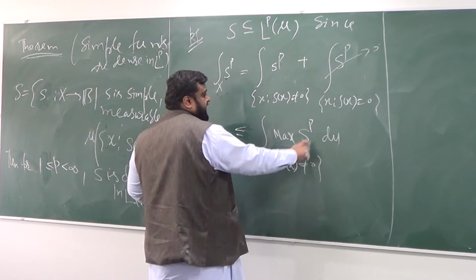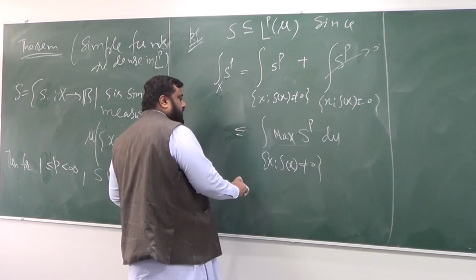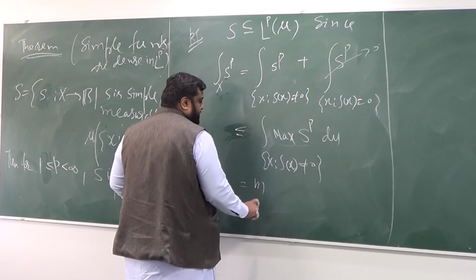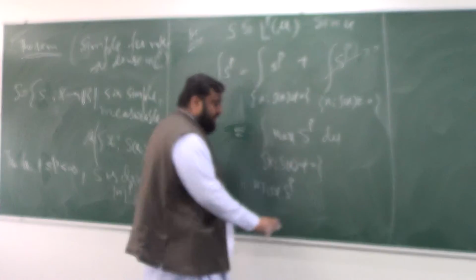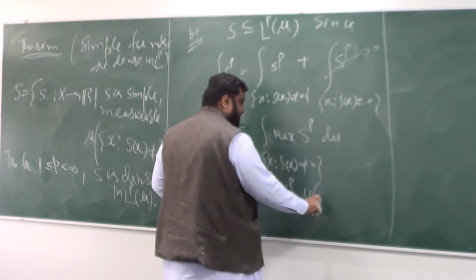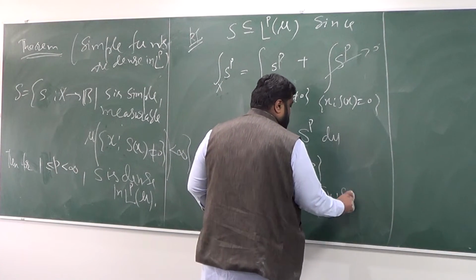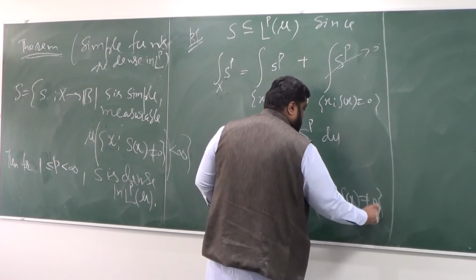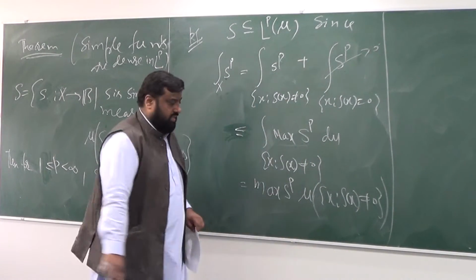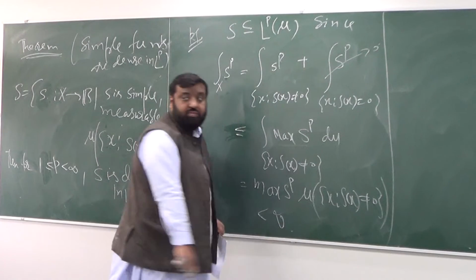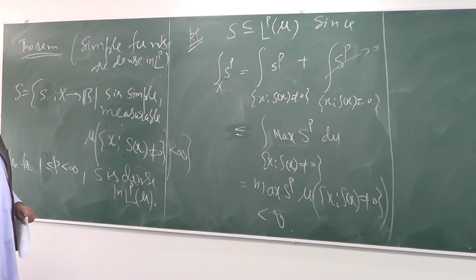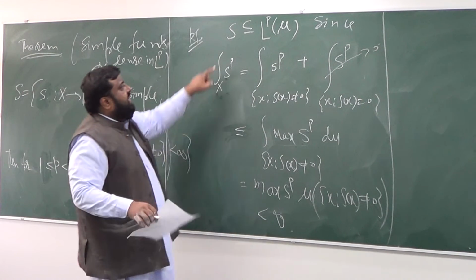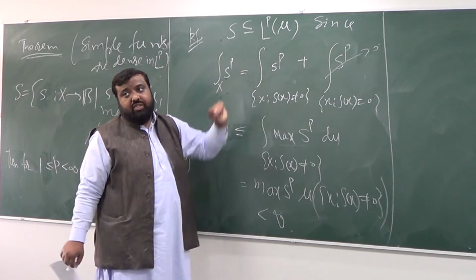So this is a constant, and I can pull it out of the integral, and I'm going to get the maximum of S to the p times the measure of the set where S of X is not 0. Both things are finite, so this must be fine. So what this shows is that every S is also sitting inside LP.